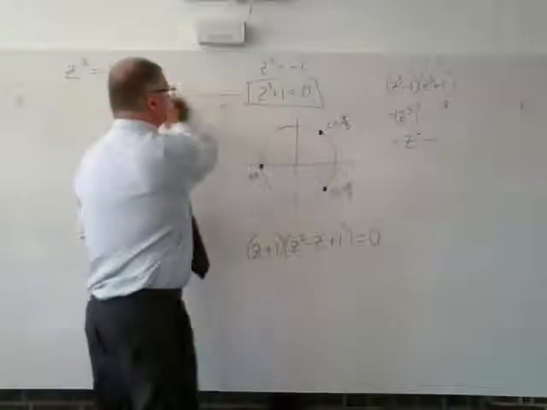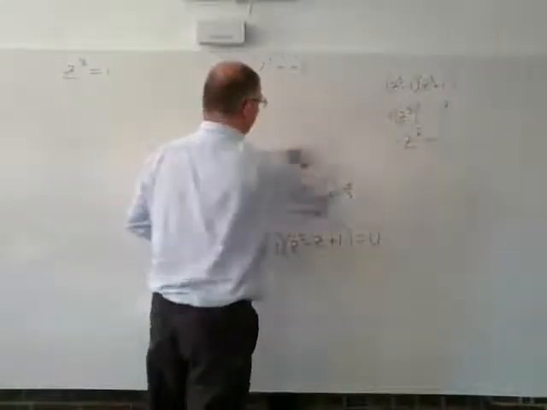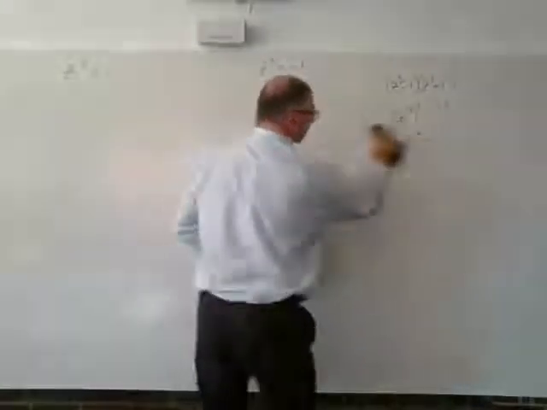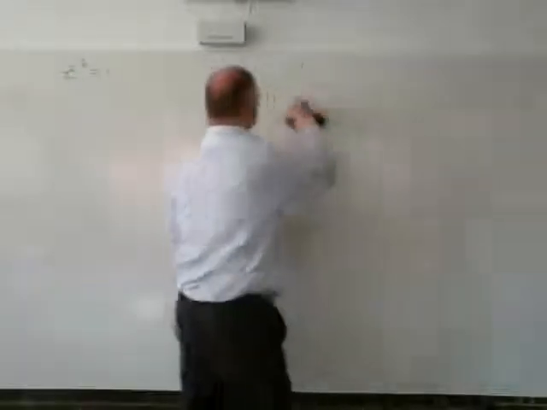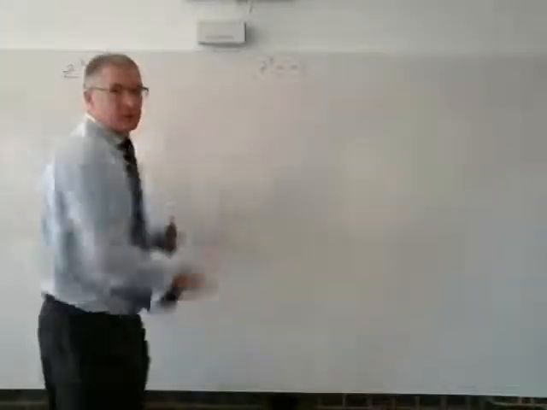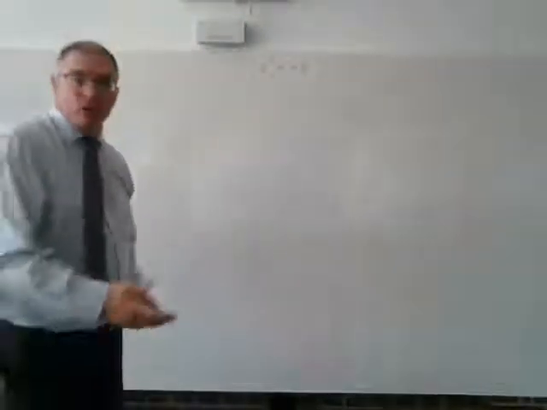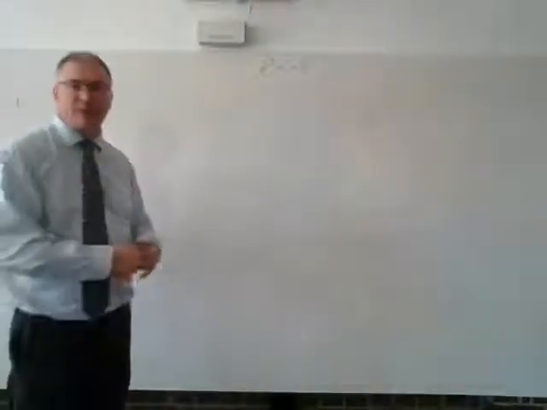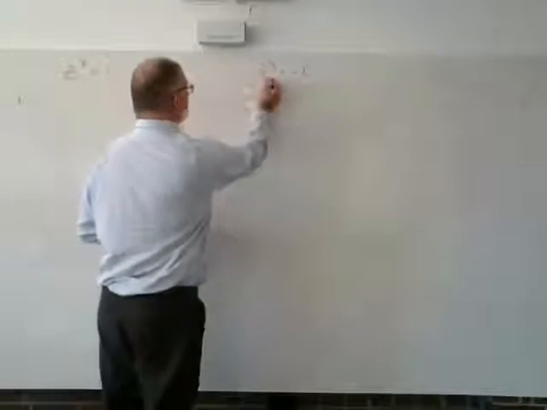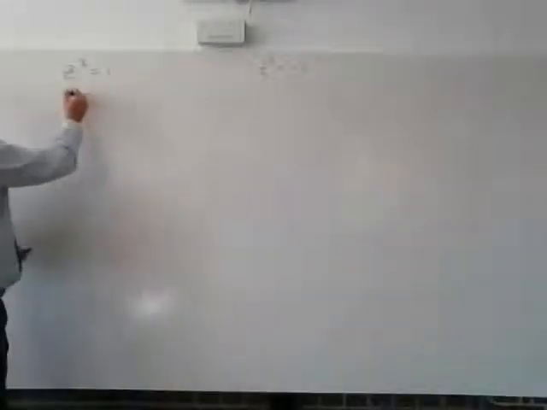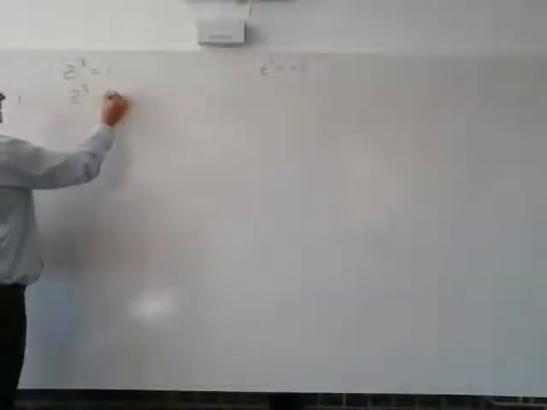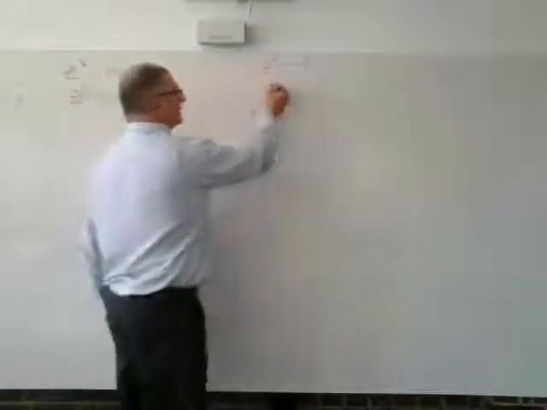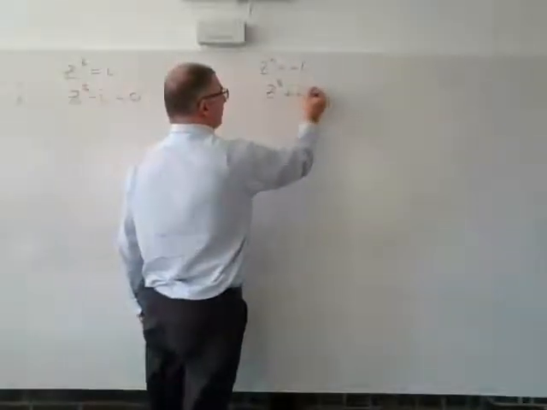Why? Because the original polynomials, they don't have real coefficients. So our complex roots don't have to occur in conjugate pairs. So let's have a look at this one. This says z cubed minus i equals 0, and this says z cubed plus i equals 0.